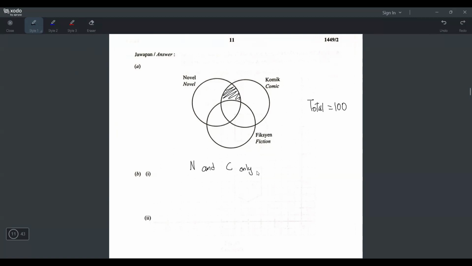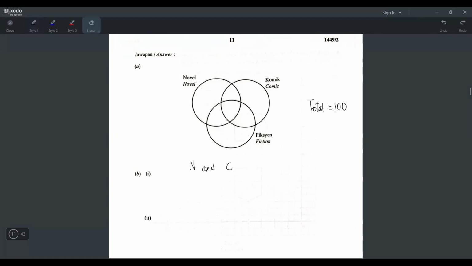Because they put the word only, novel and comic only is referring only to up here, not including the middle. Just the top part only, because of only, right? But if I erase the word only, then it's a different meaning. Novel and comic means the intersection of novel and comic. So it's like this. You see the difference? If I put the word only, then it becomes the top part only, right?